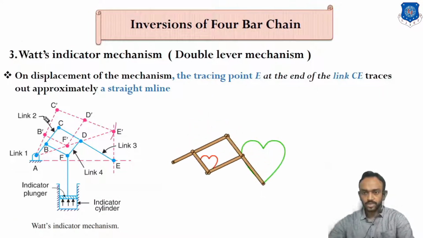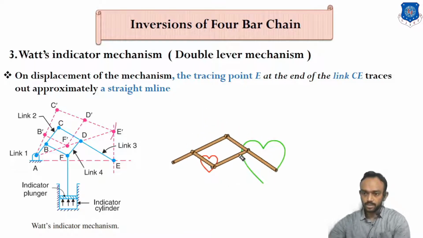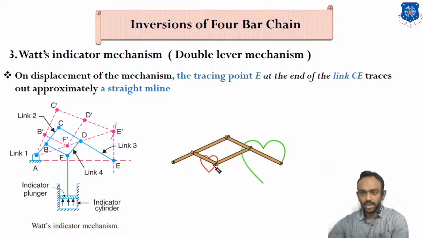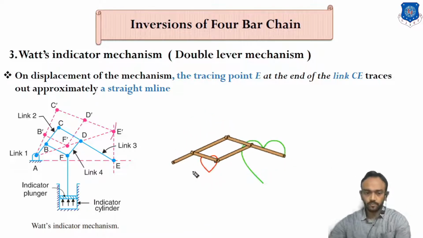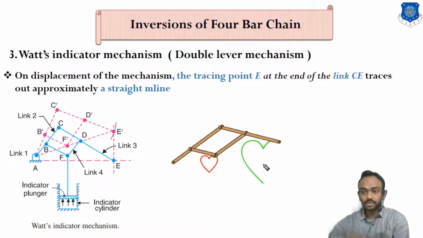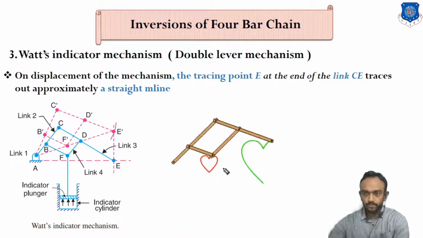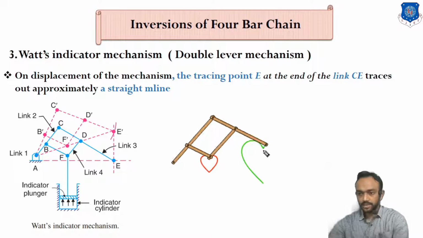Okay, this is the double lever, which is known as the Watt's indicator. Actually, this animation is not the Watt's indicator; I have this example which is the same as the Watt's indicator. This mechanism is used to enlarge a drawing: you draw here and it is enlarged at this end point.